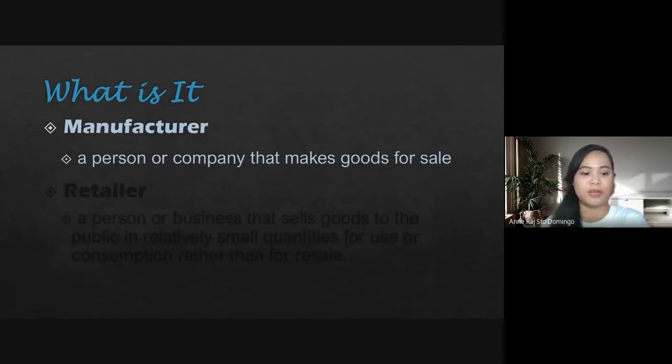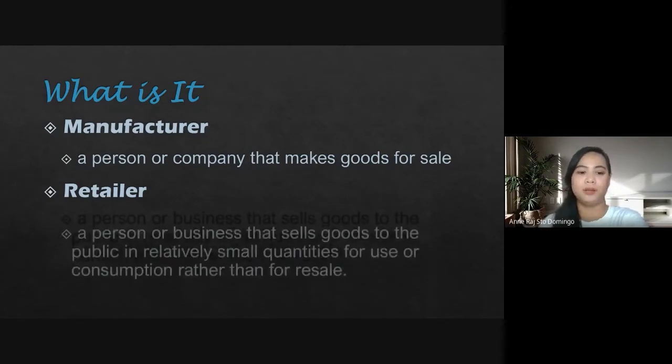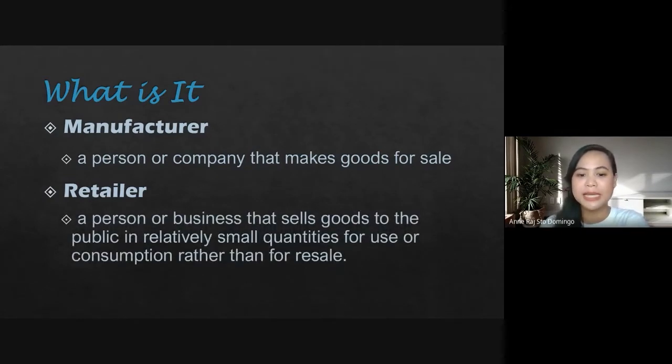And, yung maliliit naman na nagbebenta, nagdi-distributes ng goods. So, these are the retailer. A person or business that sells goods to the public in relative small quantities. Kasi, di ba, from manufacturer, you are going to buy bulk of goods. So, yung mga kumukuha nun, yung mga ibebenta din ito sa mga small consumers. So, sila yung retailer.